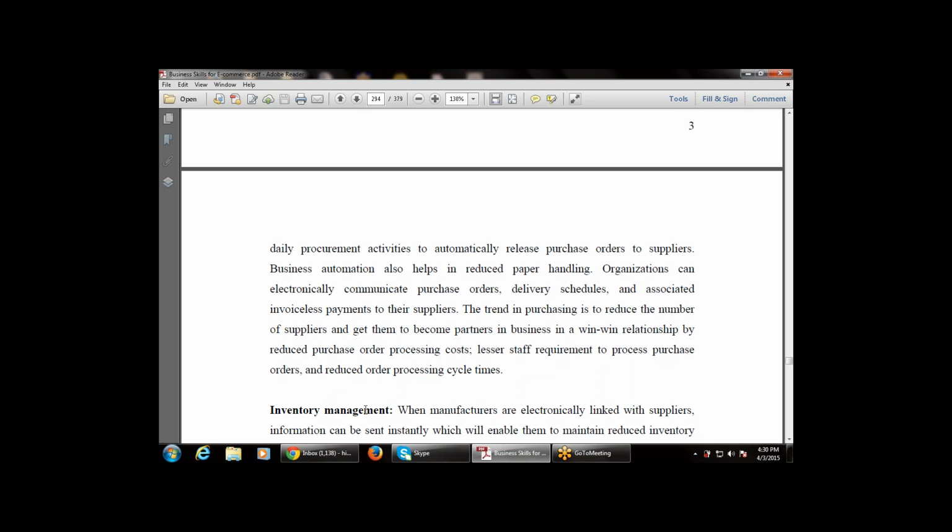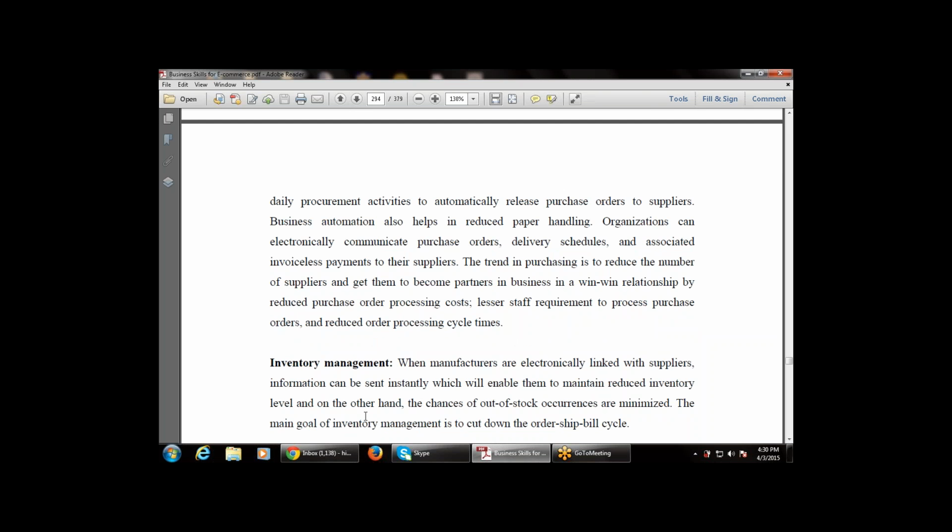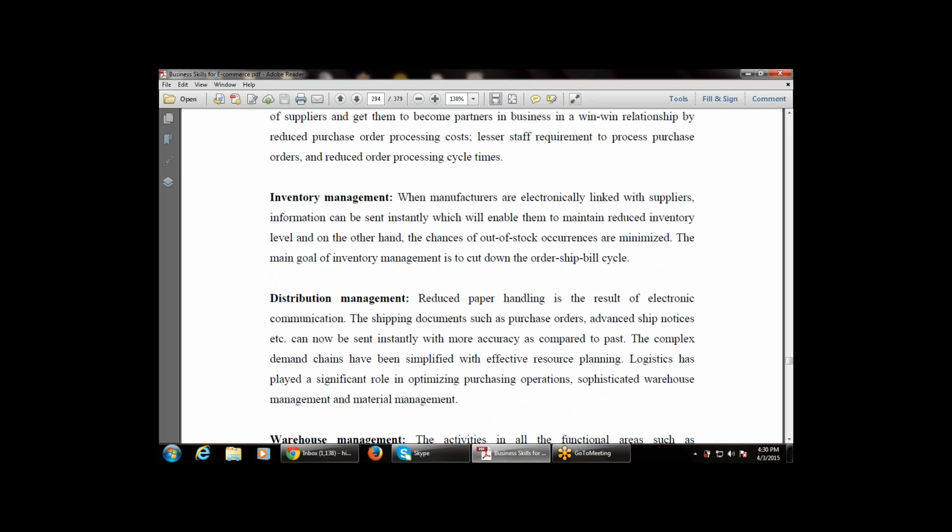So the first logistics function is supplier management, that is from the supplier's side. Next is inventory management, that is the stock management. Inventory management says that when manufacturers are electronically linked with the suppliers, with the use of the internet, information can be sent instantly, which will enable them to maintain reduced inventory levels.